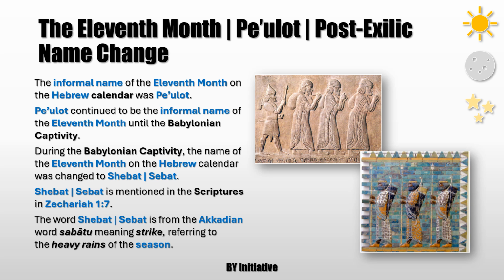During the Babylonian captivity, the name of the 11th month was changed to Shebat or Sebat. Shebat or Sebat is mentioned in the scriptures in the book of Zechariah, chapter 1, verse 7. The word Shebat or Sebat is from the Akkadian word Sabatu, which means to strike, referring to the heavy rains of the season.